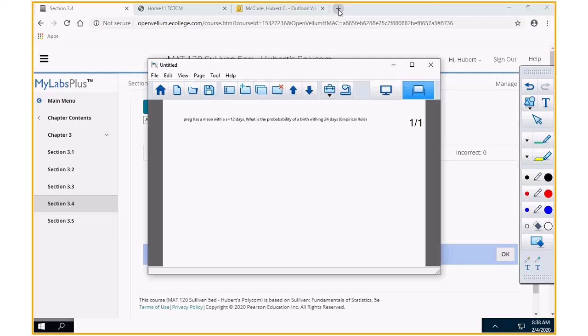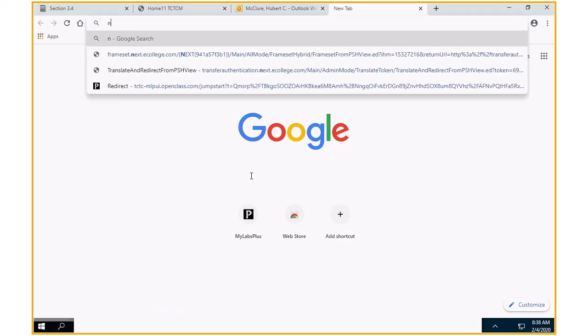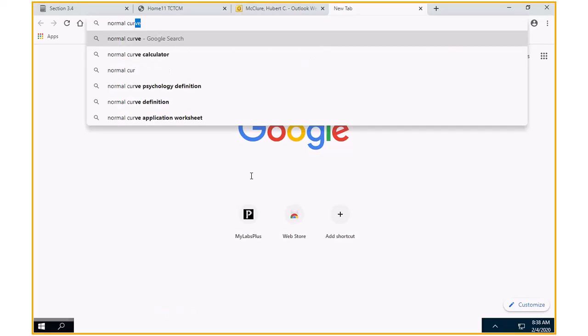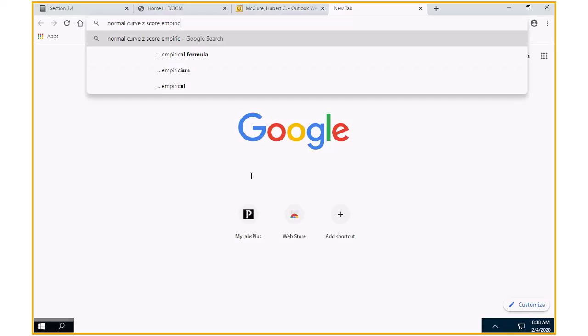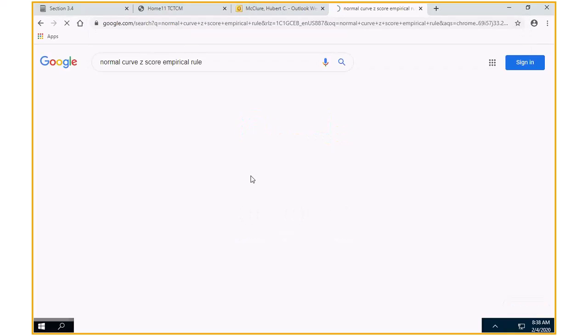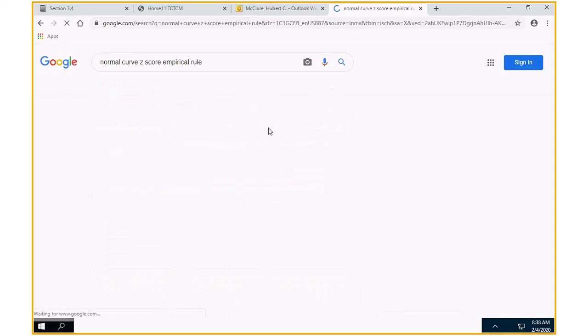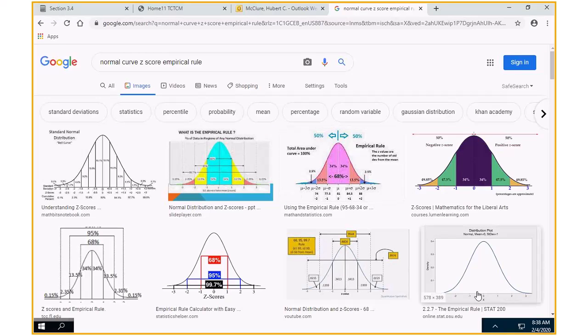So I'm going to go to Google and I'm going to pull up normal curve, Z-score and empirical rule. Now I realize that's a lot of words and this is a lot of work. You have to type in like 6 words, and you have to hit a button. A lot of work. And then you have to hit image. Oh my gosh, look at there. Isn't that pretty?